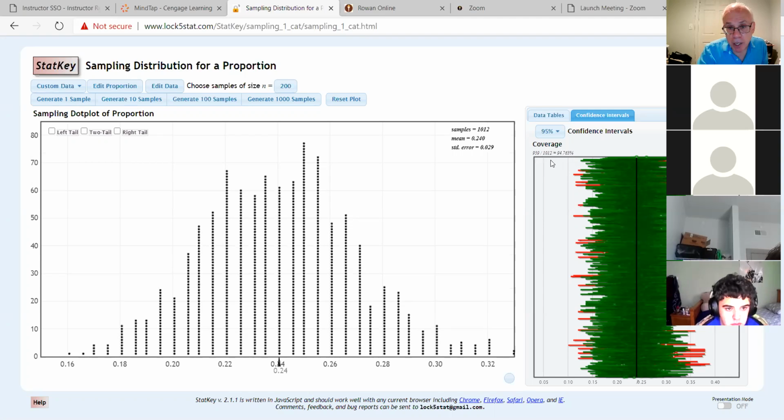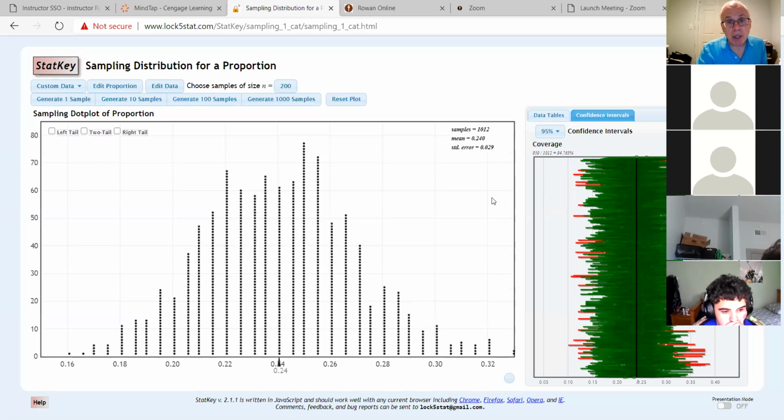So what is the percentage that do contain the population parameter? It says 94.763%. We can round that up to 95%. So almost 95% of these intervals actually contain the population parameter.